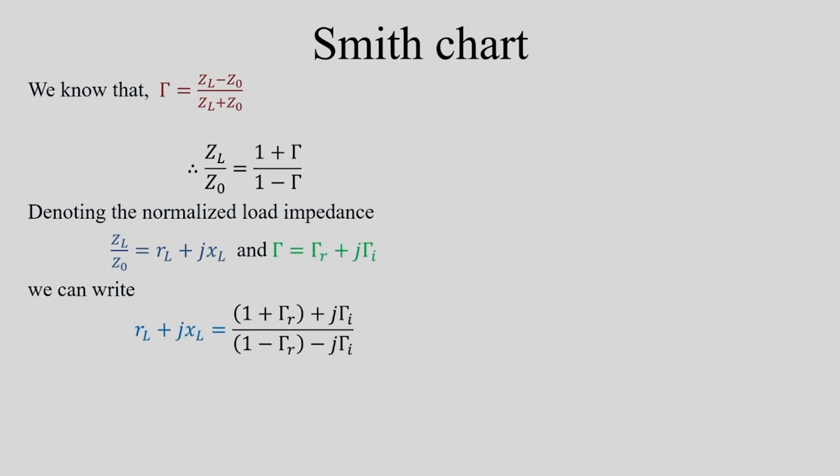Now, if we substitute this gamma here, then we can write RL plus jXL in this form: 1 plus gamma R plus j gamma I divided by 1 minus gamma R minus j gamma I.